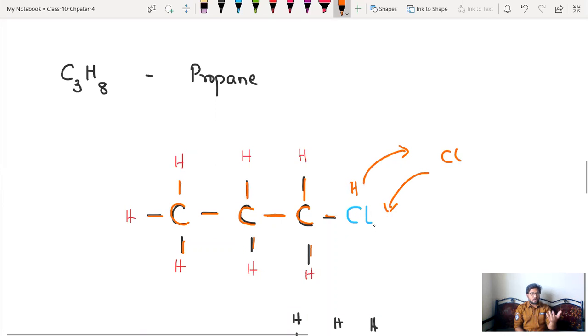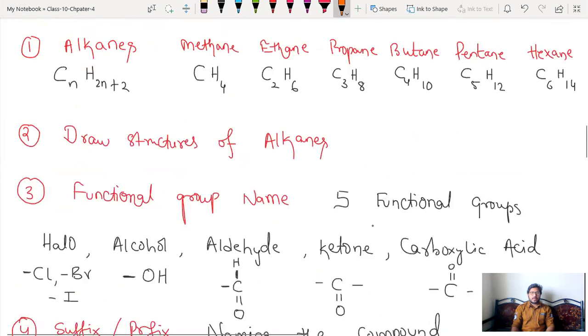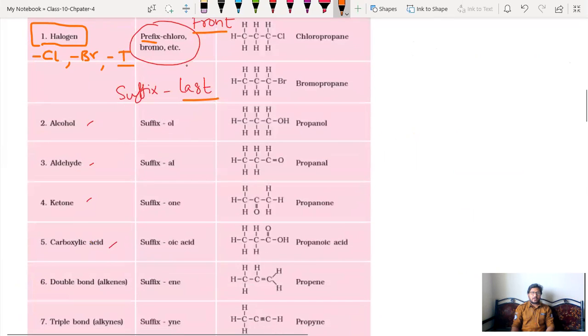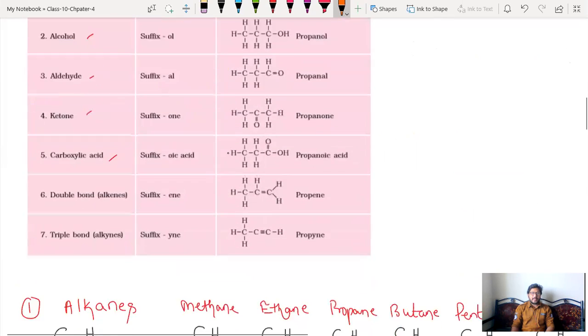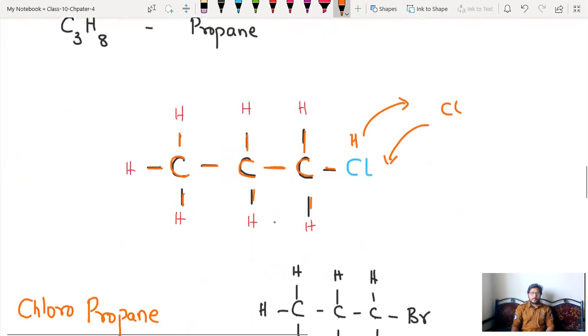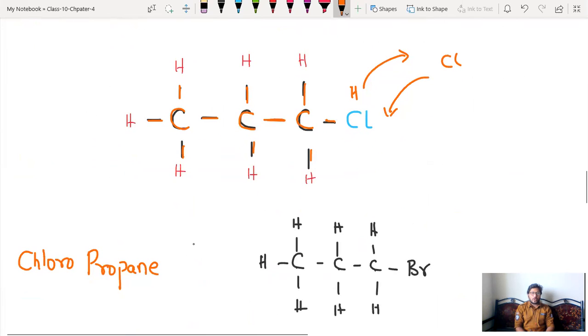Chlorine means it is halo functional group. When chlorine is added, how to name? So try to remember, only for the halogen it is front. I mean, while you are naming, that name should come front. Chloro, and you have to assume in your mind that there is hydrogen. If there is hydrogen, what would be the name of the structure? Meth, eth, prop, all single bonds, propane.